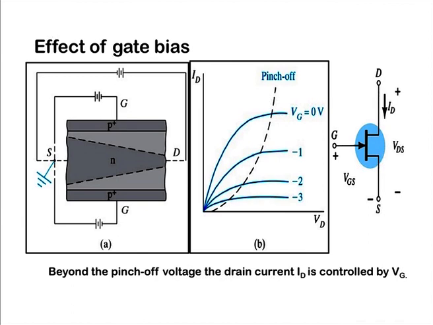For example, if you apply -1 volt, this is our ID current, which will reduce for -2, -3. So, again as we increase the voltage, the channel current decreases with gate voltage. And in the right hand side figure you can see the circuit symbol of this device.